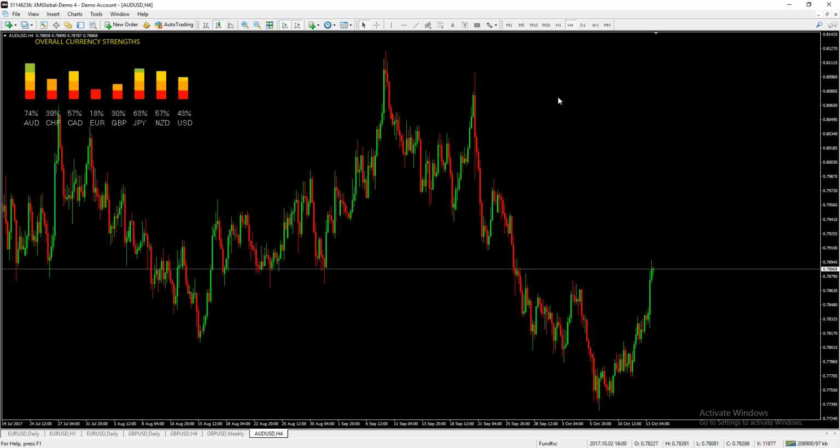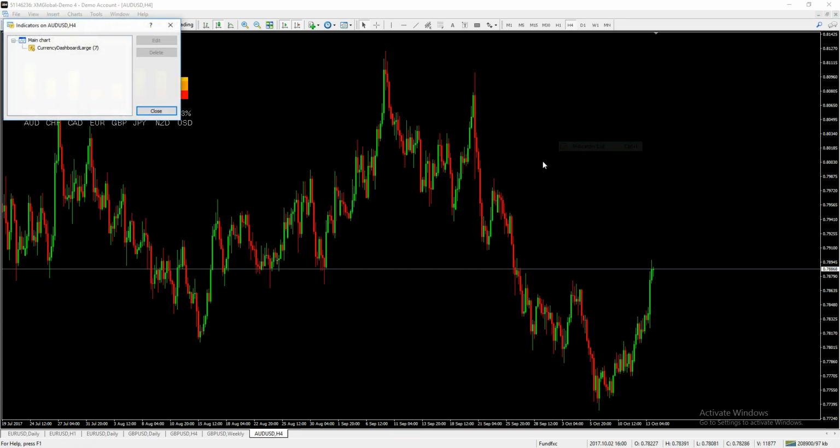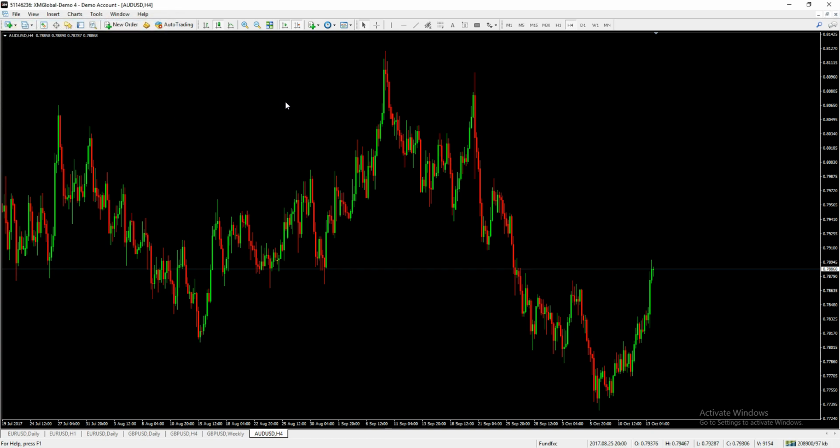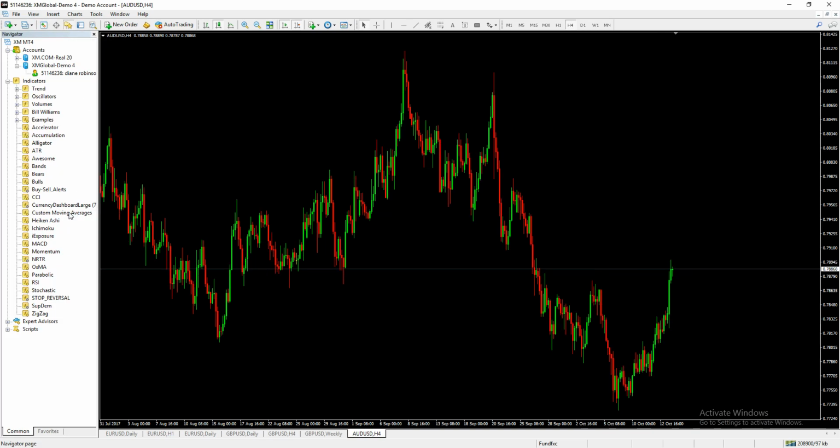Okay, so let's just quickly remove this indicator here, the currency dashboard large. Just delete it. Now, in your welcome email, you received an ex4 file called the subdem indicator. We added it in the first couple of chapters, and let's add it to our chart again just in case you don't have it there.